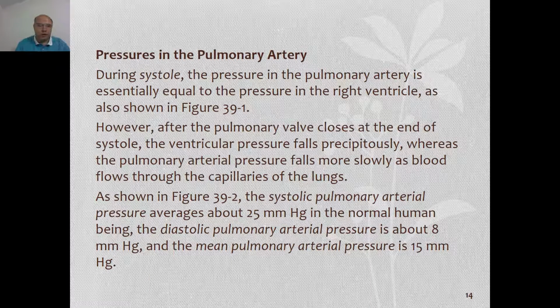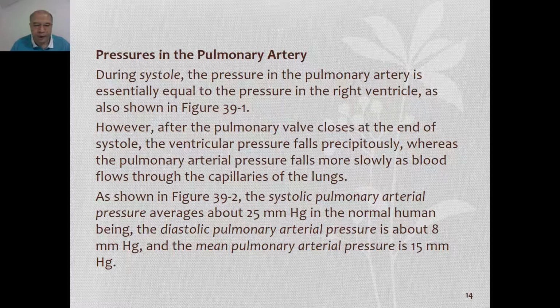Now the pressures in the pulmonary artery. During systole, the pressure in the pulmonary artery is essentially equal to the pressure in the right ventricle, as shown in the figure. However, after the pulmonary valve closes at the end of systole, ventricular pressure falls precipitously, whereas the pulmonary arterial pressure falls more slowly as blood flows through the capillaries of the lungs.